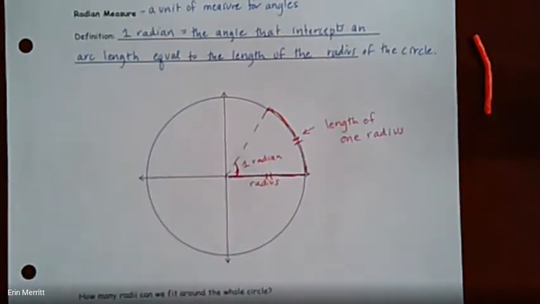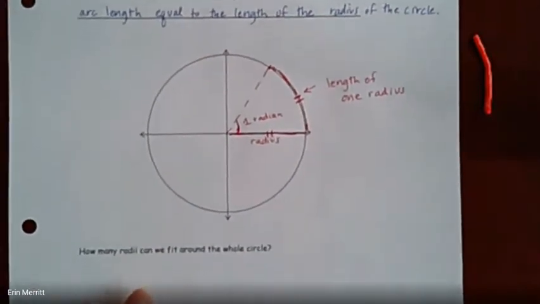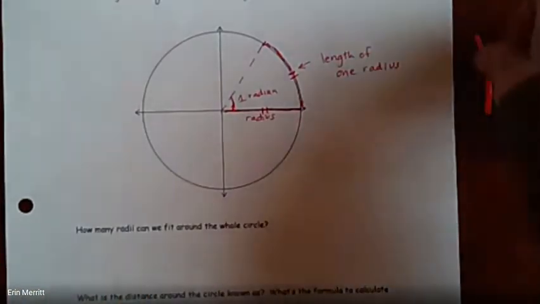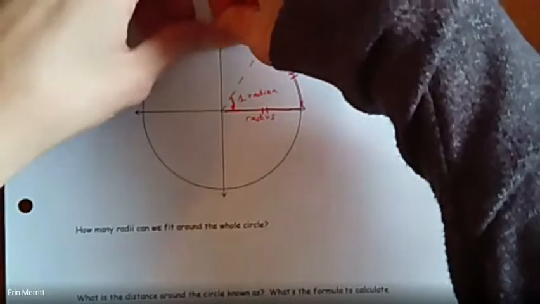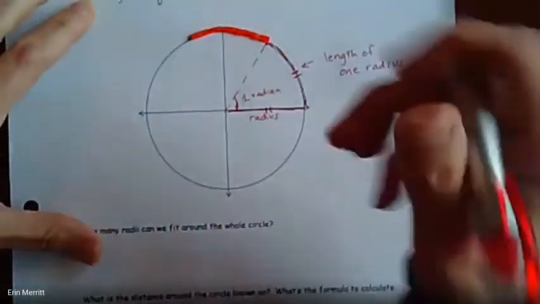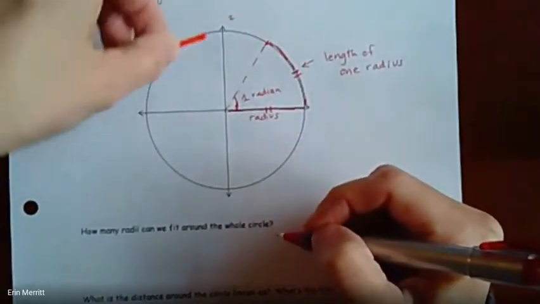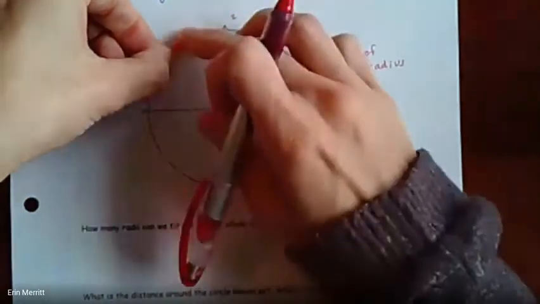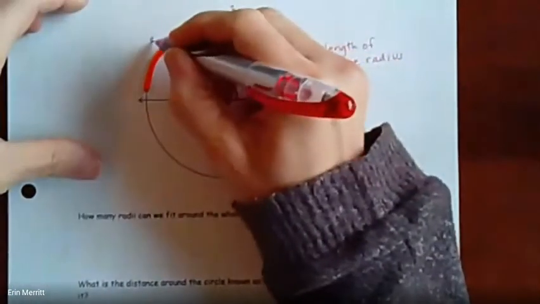All right, so when it says, how many radii can we fit around the whole circle? Like I said, if you remember this activity, you might have picked it up and said, all right, let me move it around and see what we can do. So we can mark, there would be 2 of them. And then I can come back and mark again. So there's 3 of them.